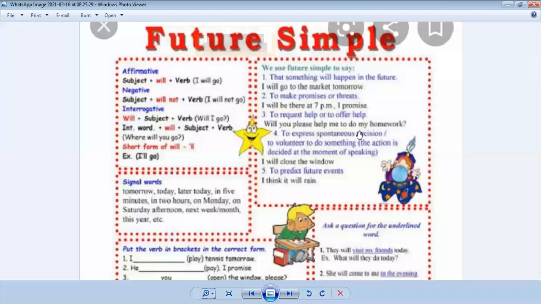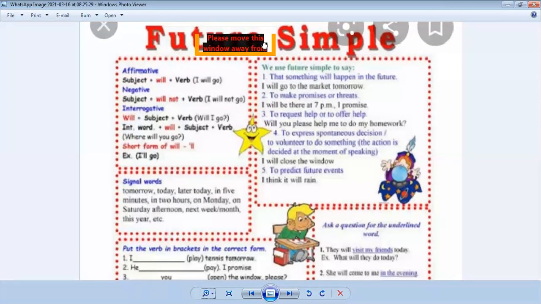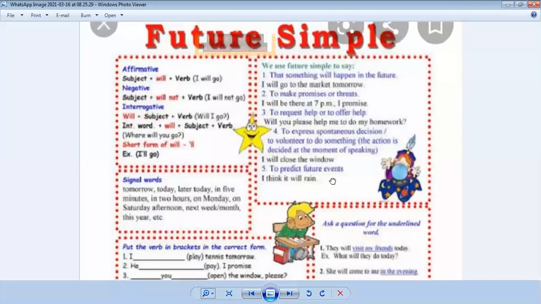We say this always with our mom or teacher. The last one is to make a quick or spot decision. For example, I will close the window. Or to predict future events. For example, I think it will rain. The form is subject plus will plus verb in the infinitive form.